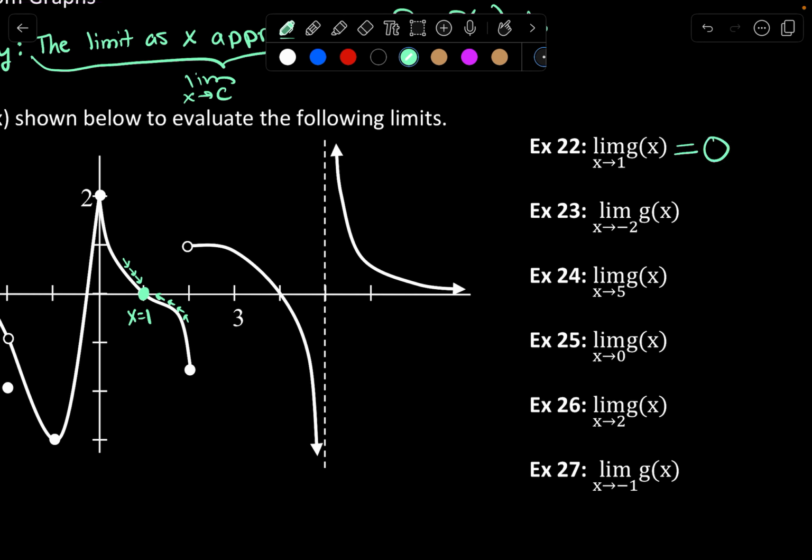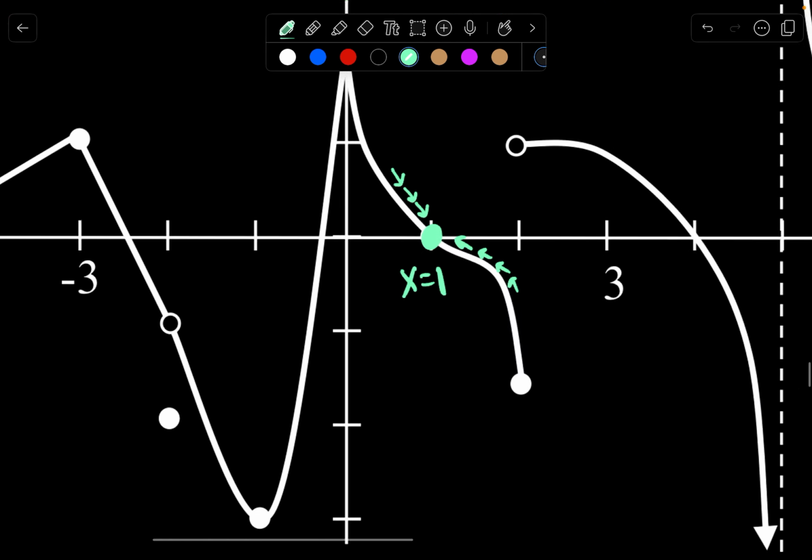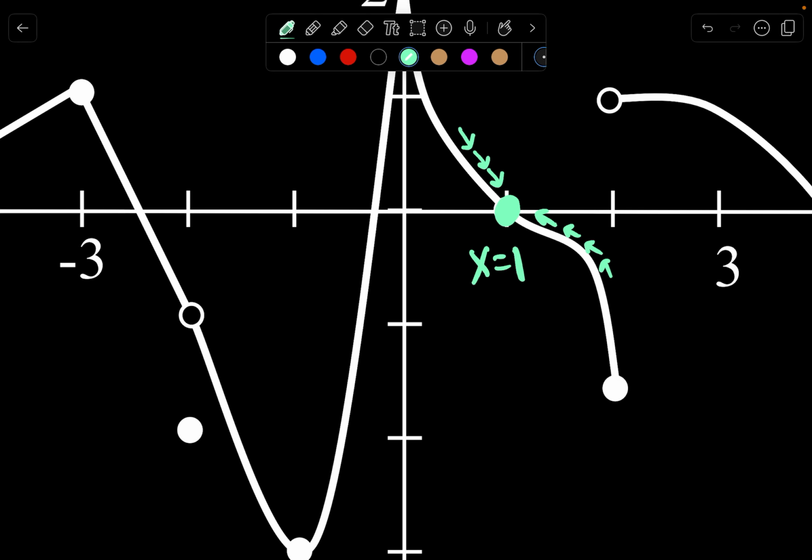Now let's evaluate the limit as x approaches -2 for g of x. At -2, I can see that we have a removable discontinuity, right? If I were to evaluate g of -2, hopefully you would say that at x equals -2, the output is also -2, okay? But we are evaluating the limit. Limits only care about what the curve is doing as we approach this value.